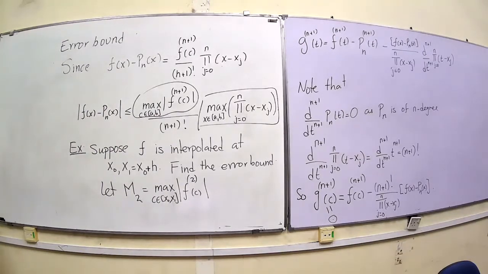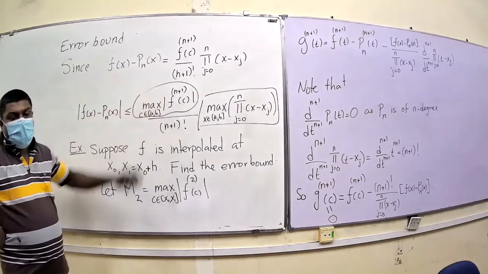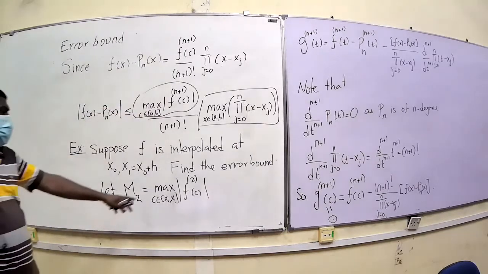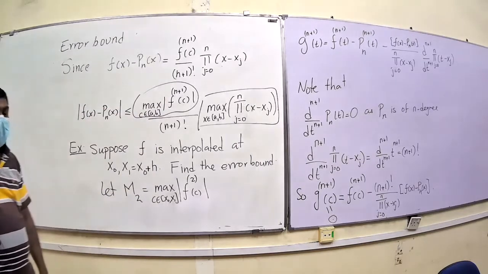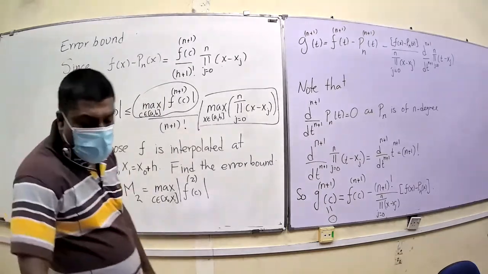Now, because there are 2 points x0 and x1: when there are n plus 1 points, you go for the n plus 1 derivative, but here you have only 2 points, so you go to the second derivative. So now basically you have to find the maximum of this.